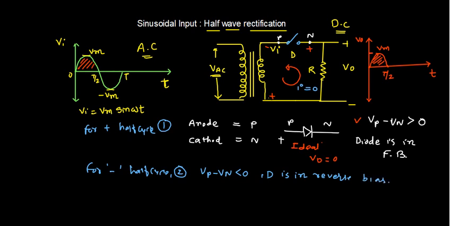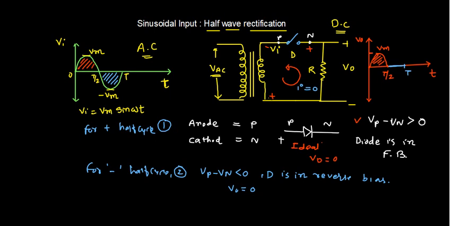Because of that, during this half cycle, the diode will act as an open switch, and when it is acting as an open switch, our V output will be 0. So over here, for that instant of time up to time t, the output will remain 0.